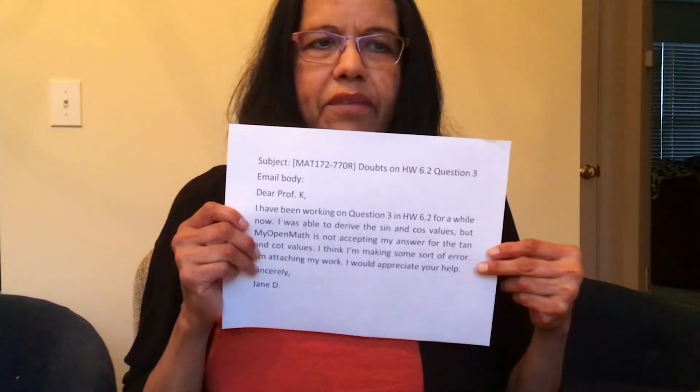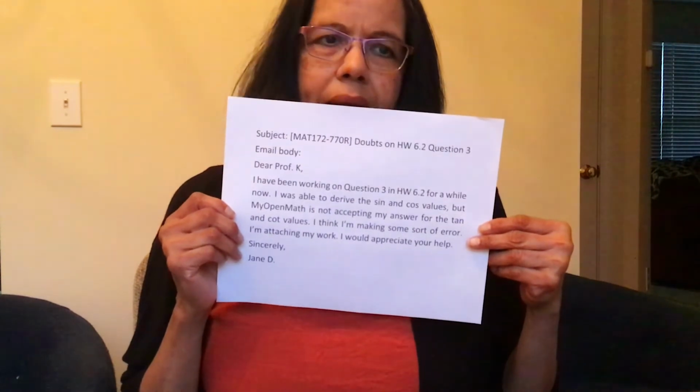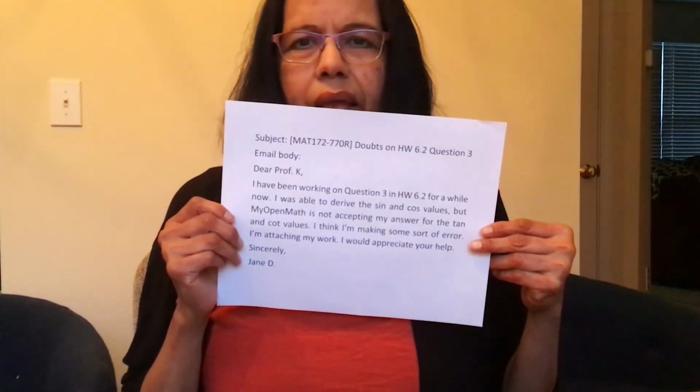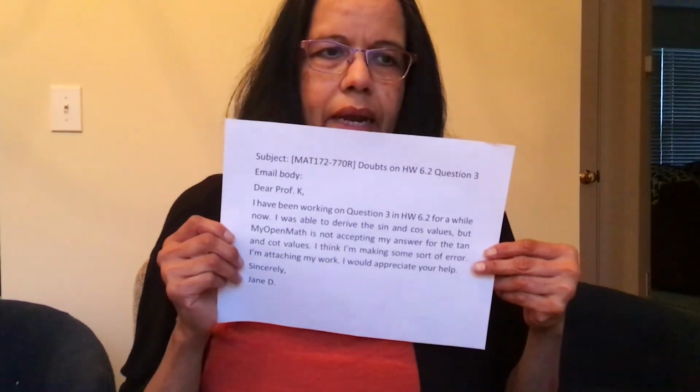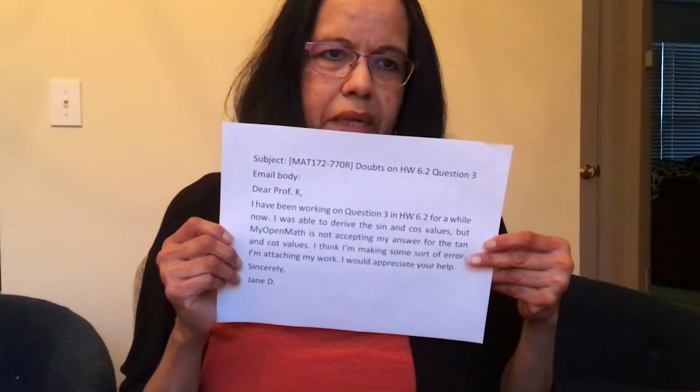I was able to derive sine and cosine values, but my open math is not accepting my answer for the tan and cot values. I think I'm making some sort of error. I am attaching my work. I would appreciate your help. Sincerely, Jane D." With the course and section number, I know this is a class that I am teaching this semester, and that makes me much more likely to open it immediately.